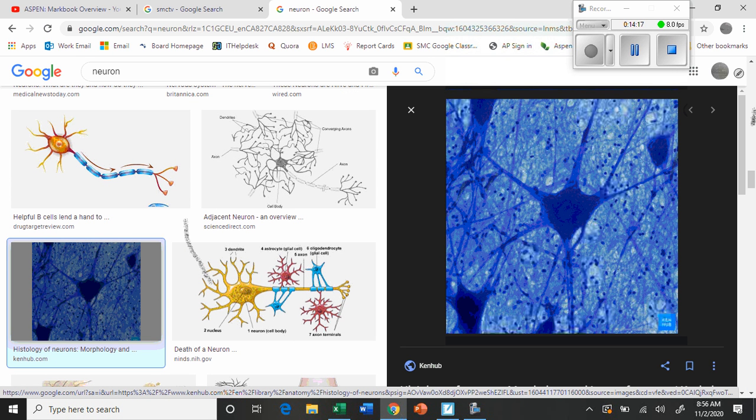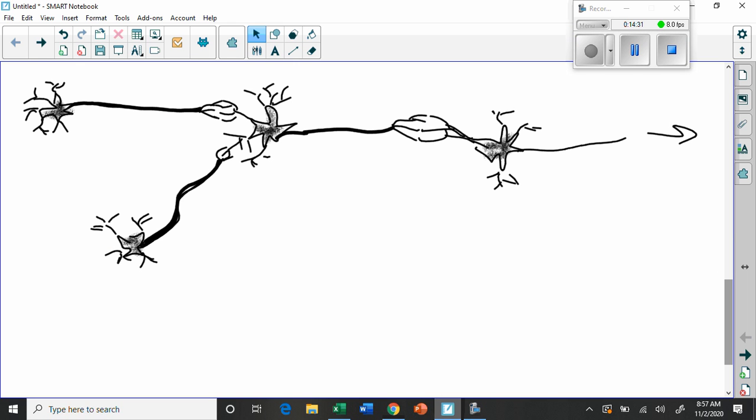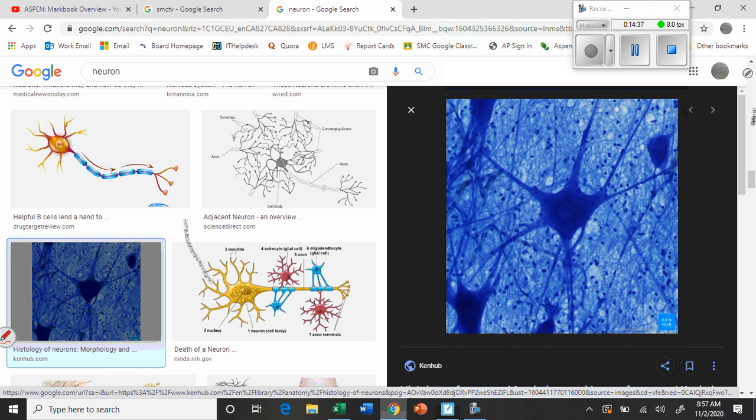And so you can see that this nerve cell has more than one axon. We've drawn our cells with one axon, but they don't have to. They can reach out and go in many different directions. You can see them traveling all over the place. There's an axon traveling out here, out here, out here.